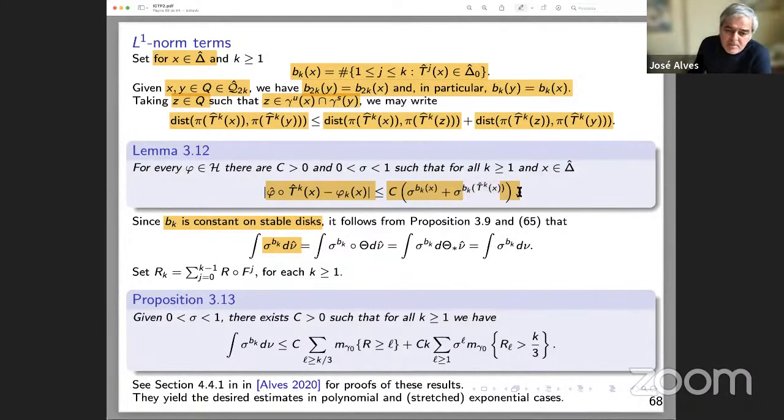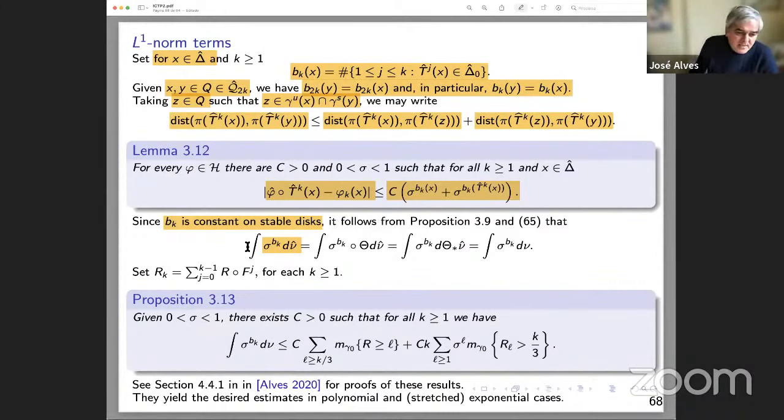But this is not a problem, because we are going to integrate with respect to a measure nu hat, which is invariant with respect to t hat. So we divide the integral into two integrals, and they are equal because we are integrating with respect to composition with the dynamics for which the measure is invariant.